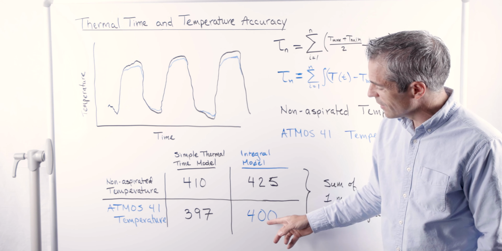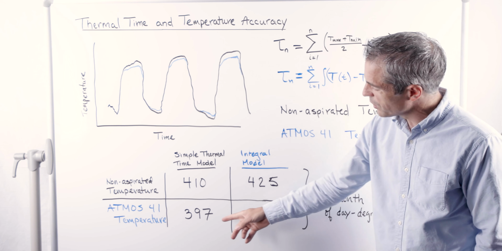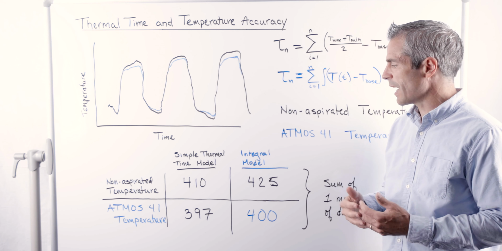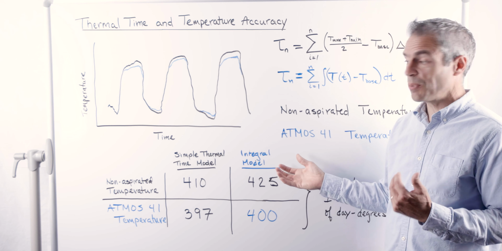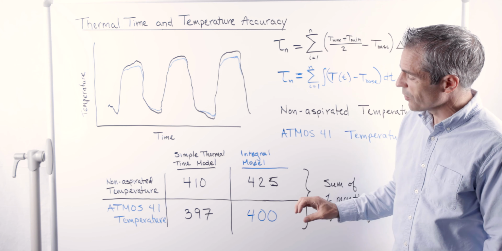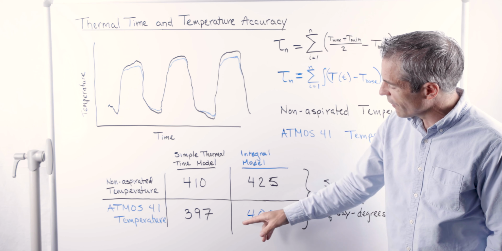There also was not so much of a difference between the simple thermal time model and the integral model, which really surprised me. I thought our integral model would actually be a much better way to assess thermal time. But we see that they're fairly similar.